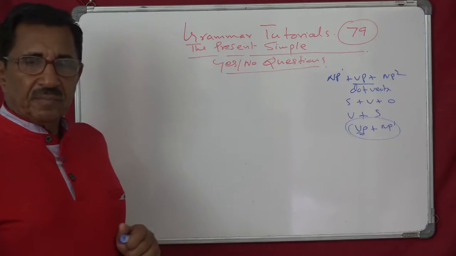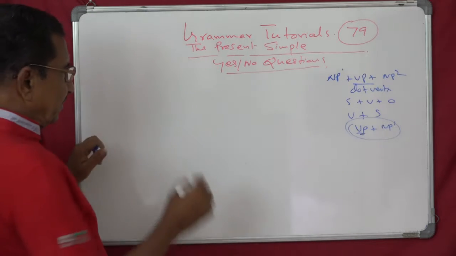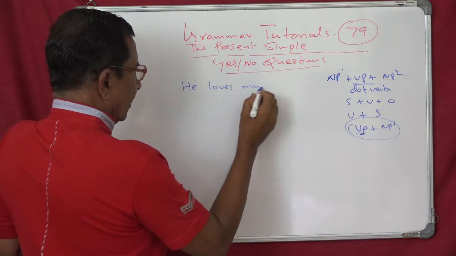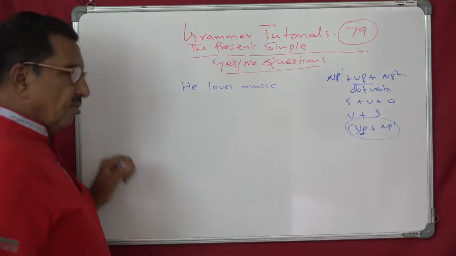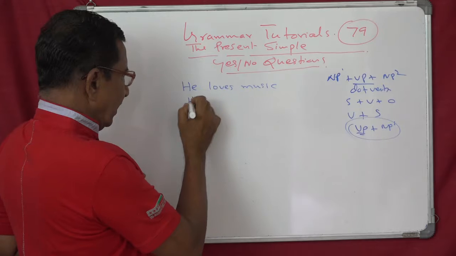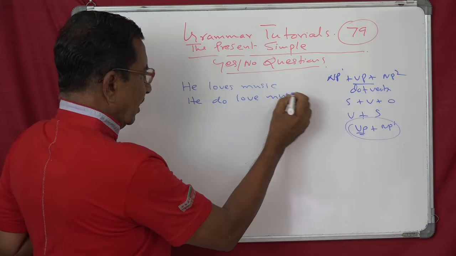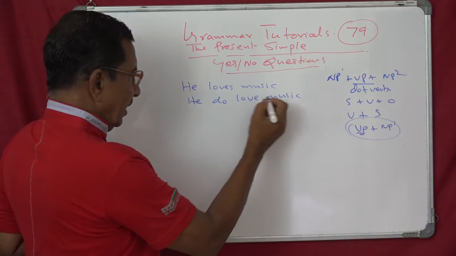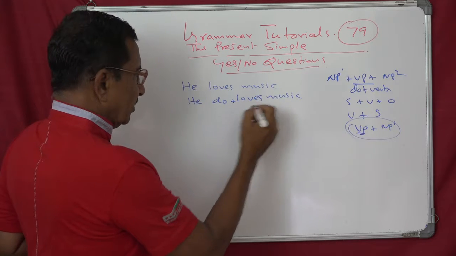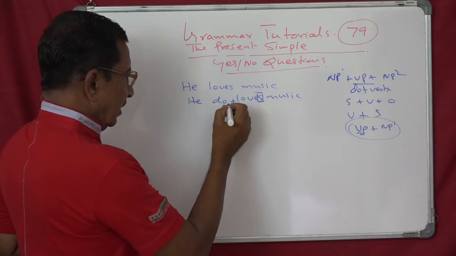Understand? And then we will see how this is to be there. Say for example, he loves music. Now you want to make a yes or no question. How do you do that? First you have to insert do. He do love music. Then what you do? Tense marker here.